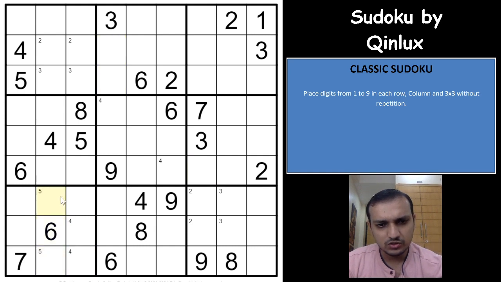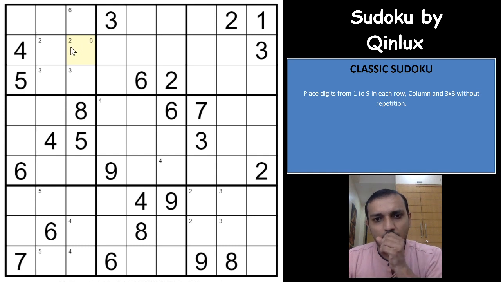5 in one of these two cells. Sorry, 6 in one of these two cells. 6 in one of these two cells.